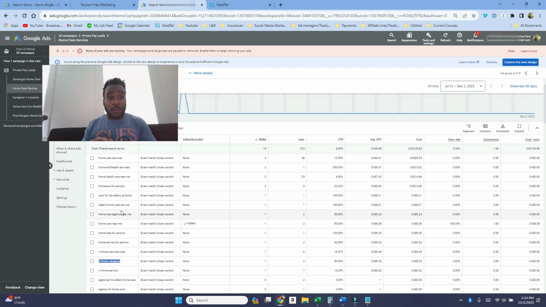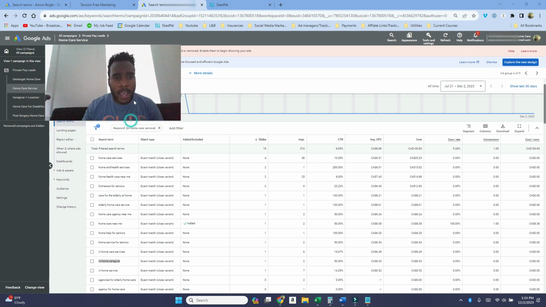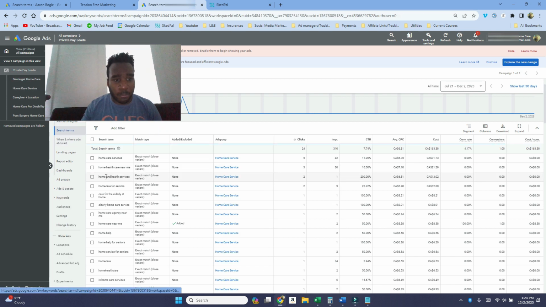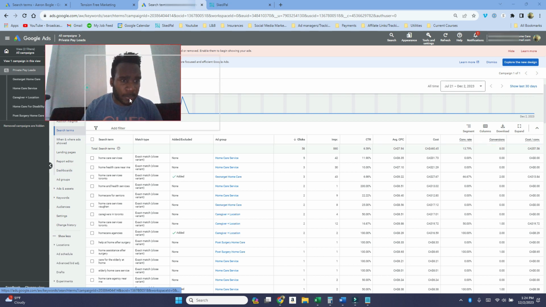If they see the words in-home caregiver, maybe there's a better chance of them converting if they go through an ad that talks about in-home caregivers, which goes to a landing page that talks more about the caregivers that are there at the home care agency. So that's something to keep in mind as well, of why an ad group may not be performing well. But rest assured, it's fine just to pause that ad group if it's not performing.